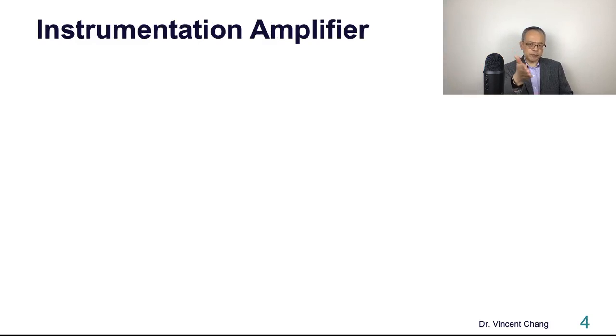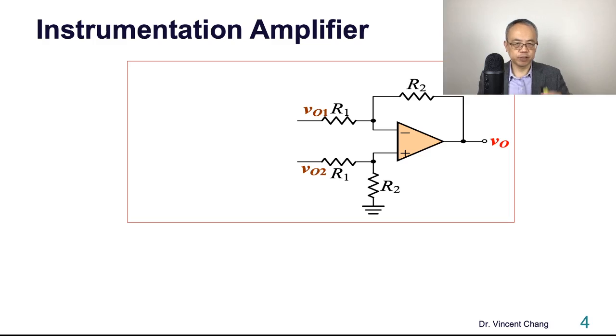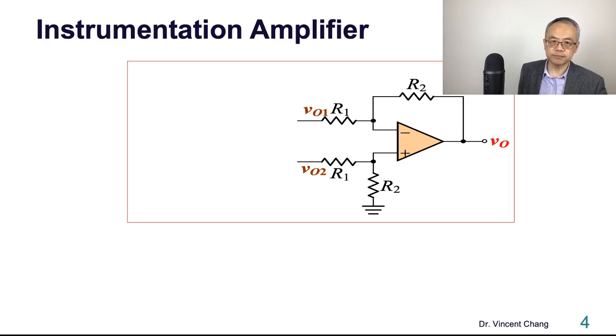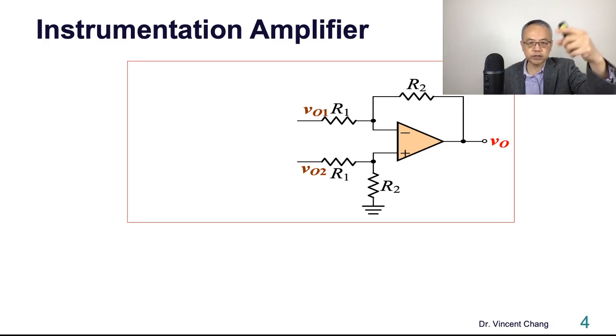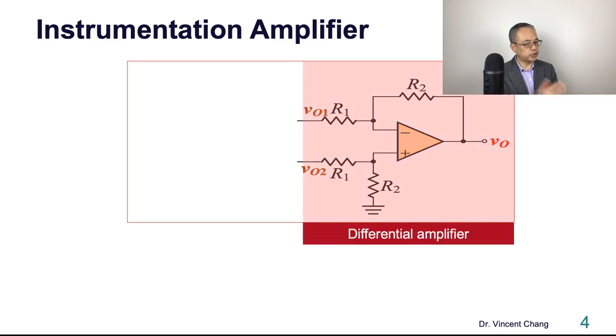So for the instrumentation amplifier, the circuit we're going to study in this lecture video, on the right-hand side is the same circuit. If this is the differential, yes, it's differential, right? So R3 equals R1, R4 equals R2. So it's the differential, because the differential criteria has been met.